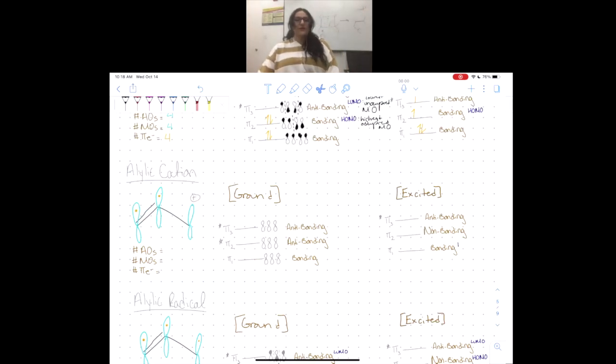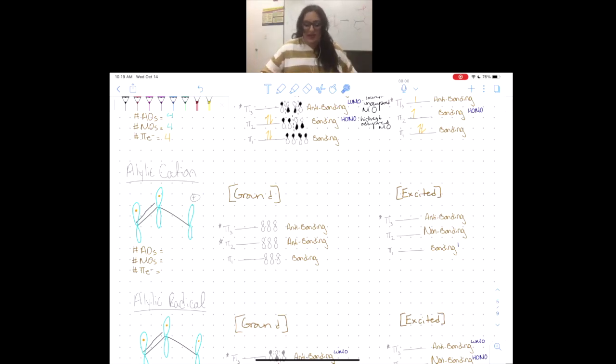So now we are going to cover the allylic cation, or the allyl cation. And the important thing to note here before we even get started is that this cation means that we have an empty p orbital. One thing that you may not have learned in Orgo 1 is that cations, anions, and radicals are all going to count as being sp2 hybridized.